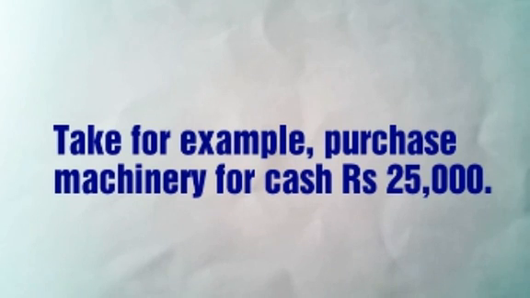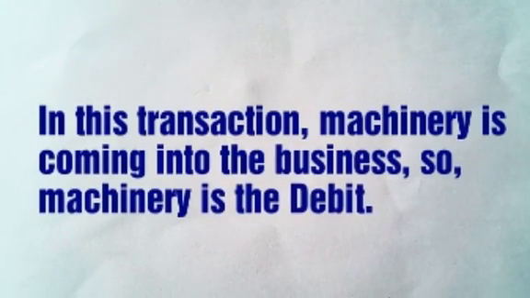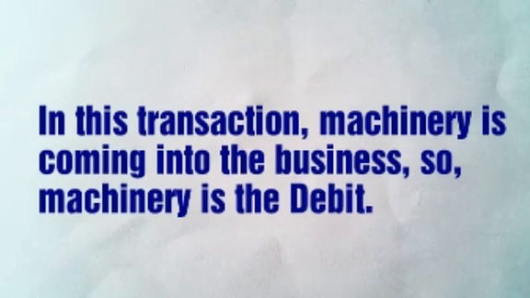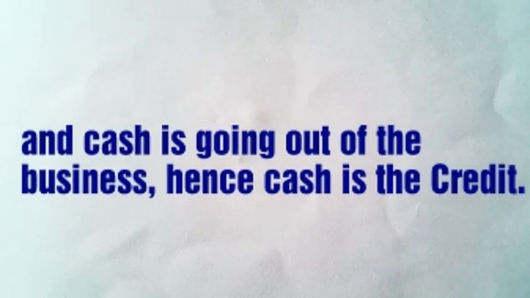Take for example, purchase machinery for cash rupees 25,000. In this transaction, machinery is coming into the business, so machinery is debited. And cash is going out of the business, so cash is credited.